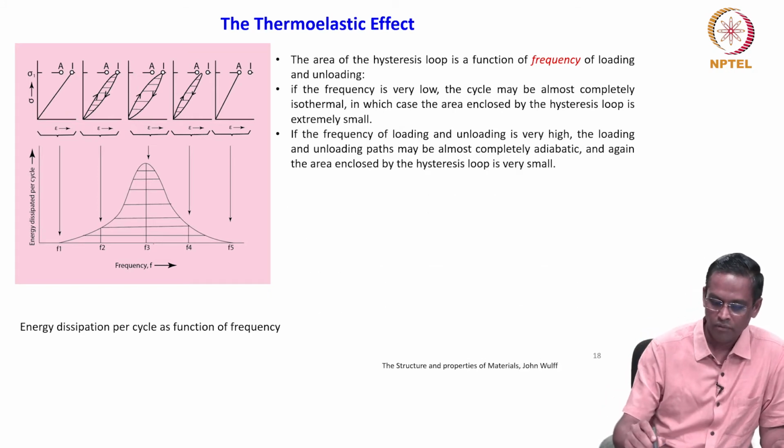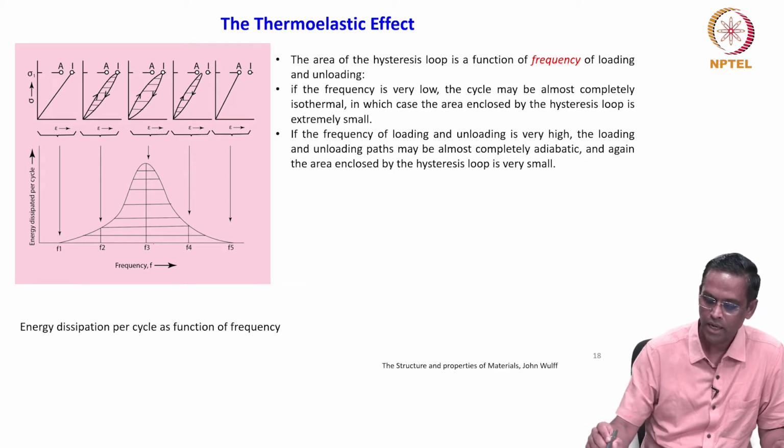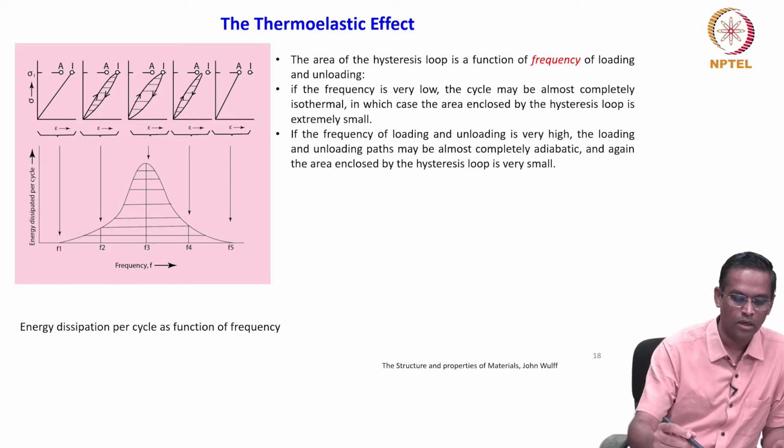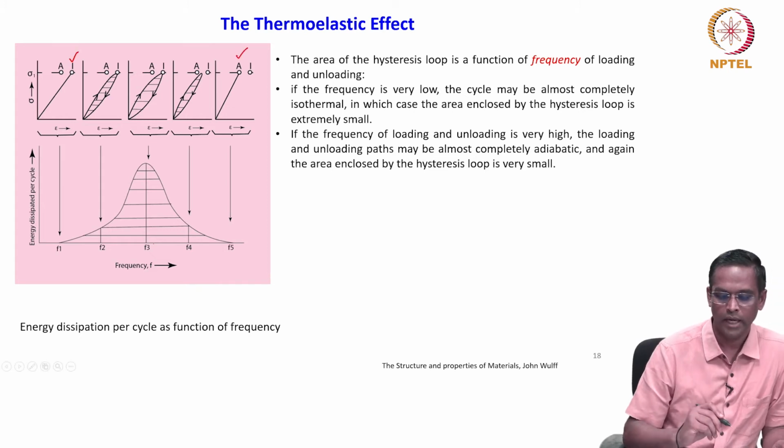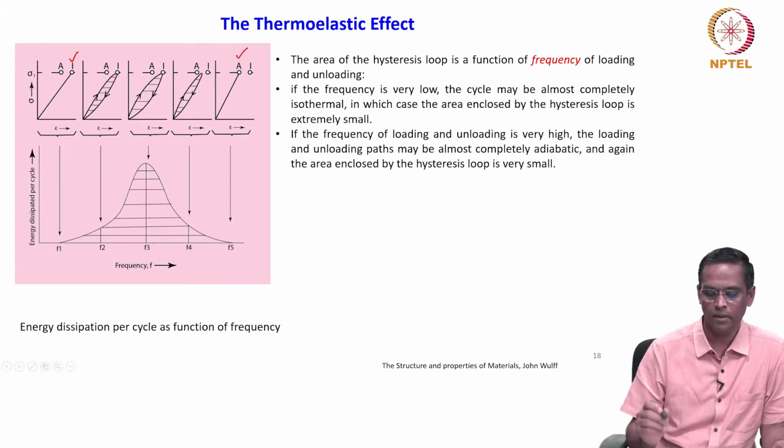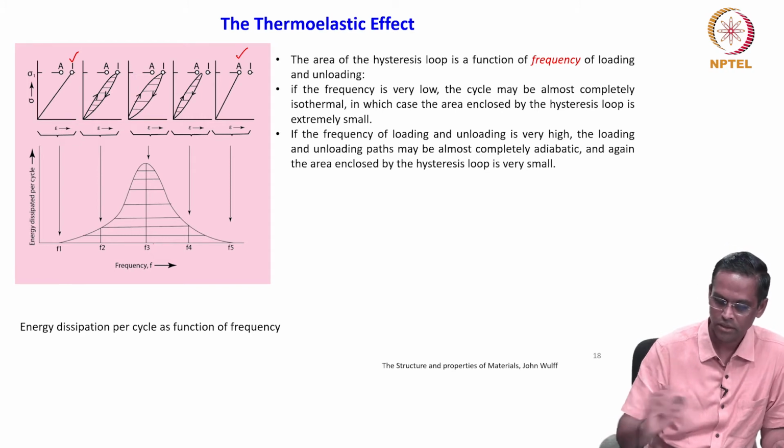If the frequency of loading or unloading is very high, the loading and unloading paths may be almost completely adiabatic, and again the area enclosed by the hysteresis loop is very small. So, this is isothermal I, this is adiabatic A. In both cases, the hysteresis loop is extremely small.